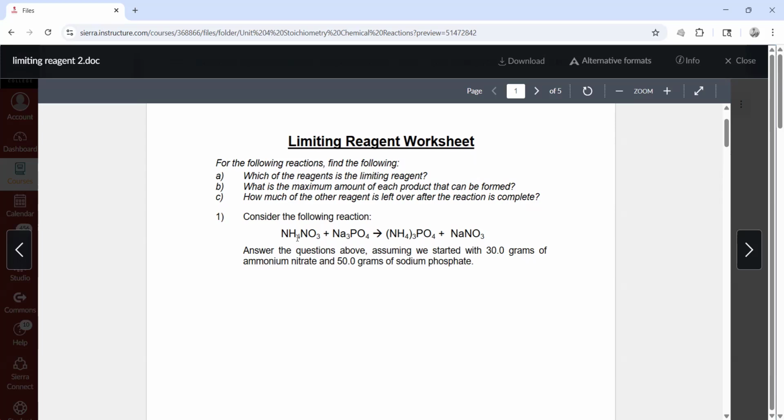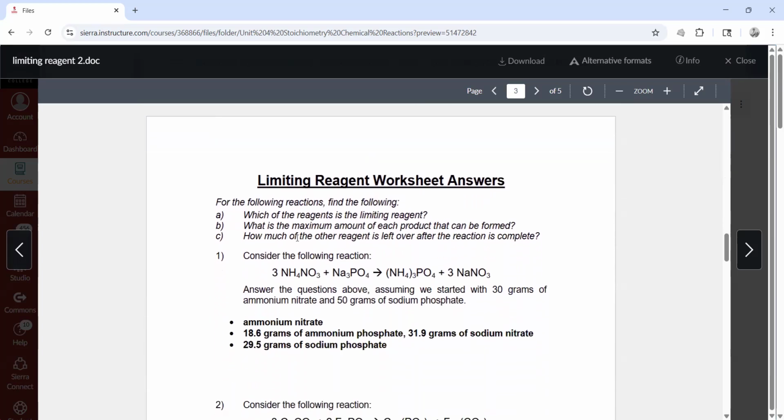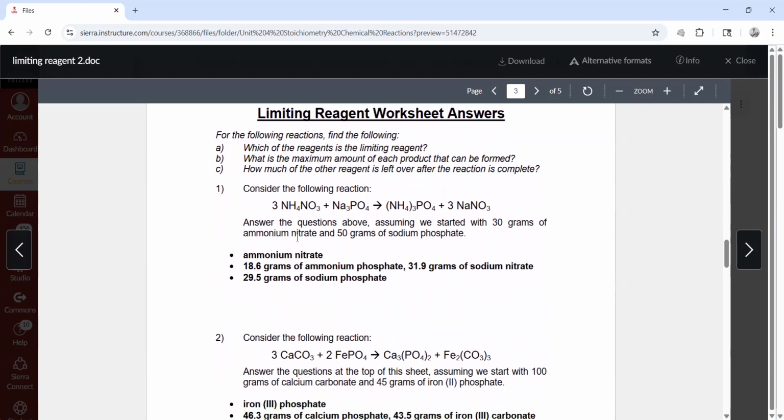Figure out what each given will give by itself on product. Then find the excess. And then some of these have percent yields, but they're all the same. And did I give the answer? Yeah, I gave you the answer.